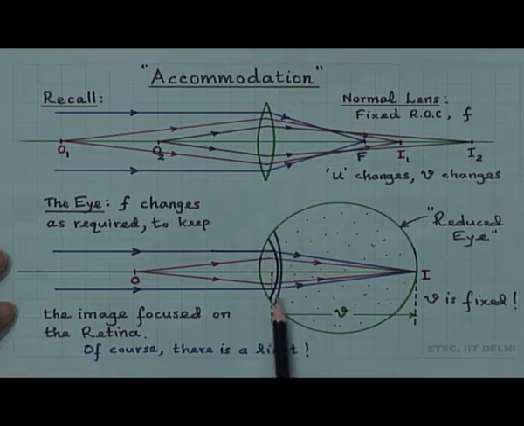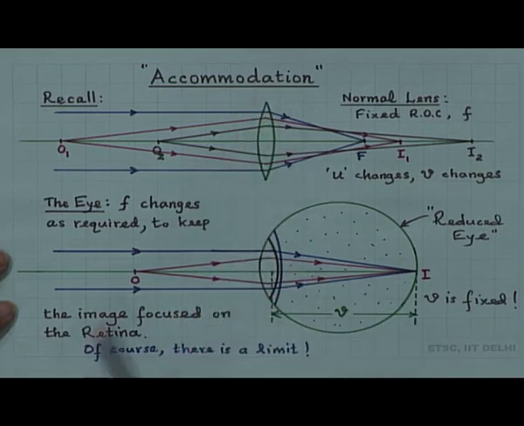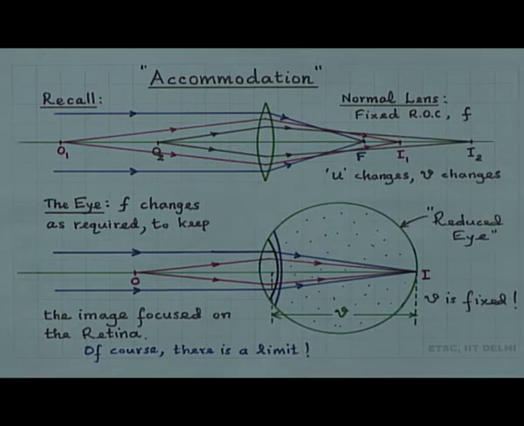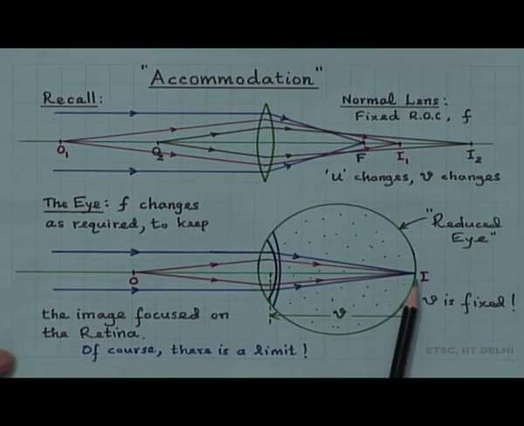Actually, it is the same lens, but for the second situation the lens gets compressed, so that the radius of curvature becomes smaller and hence the focal length becomes smaller, so that the image again forms at the same place on the retina, and this is called accommodation. The lens accommodating itself, so that the image is always formed on the retina. The image is focused on the retina.